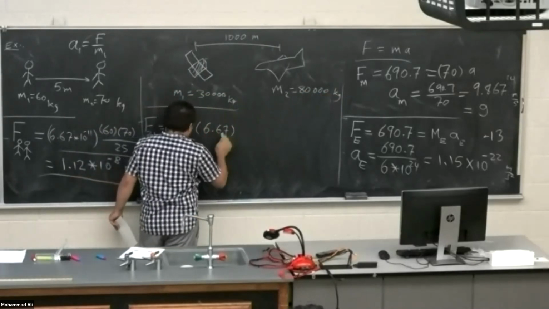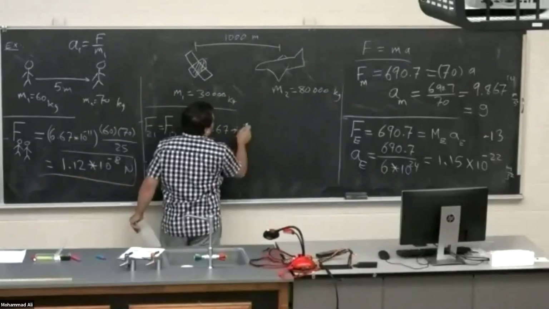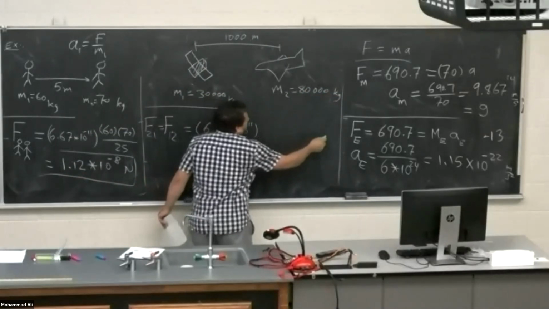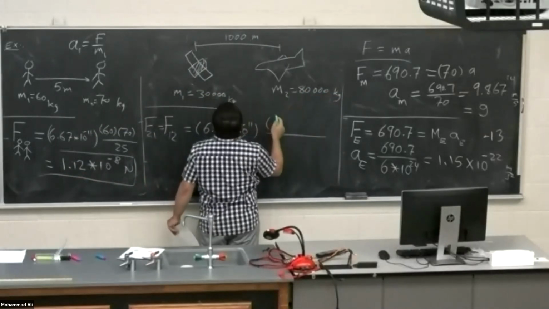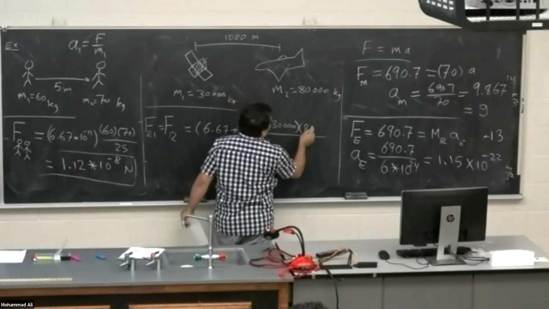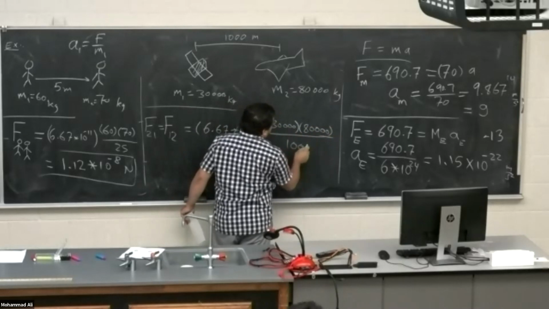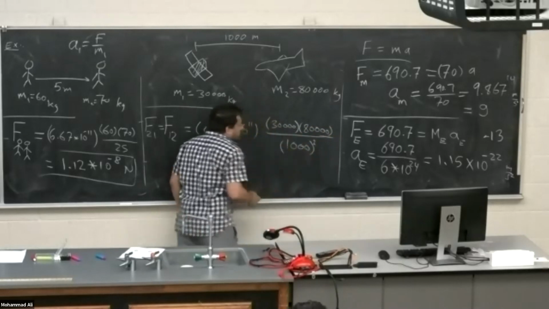6.67 multiplied by 10 to negative 11, multiplied by the masses, 30,000 multiplied by 80,000, over the distance squared, which is a million.